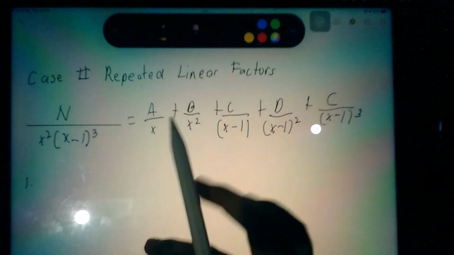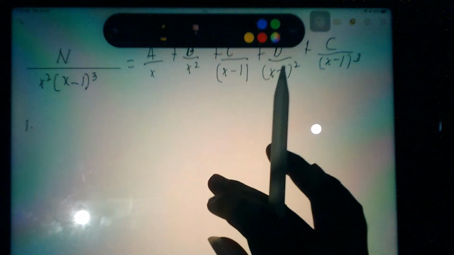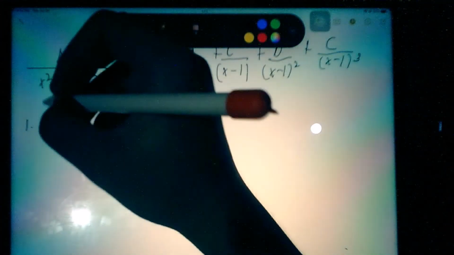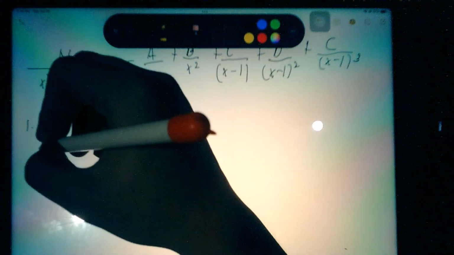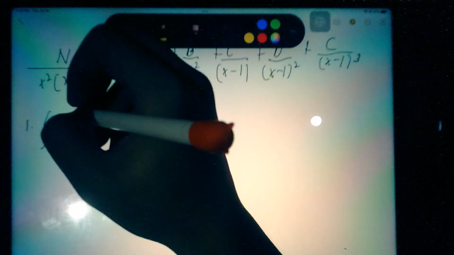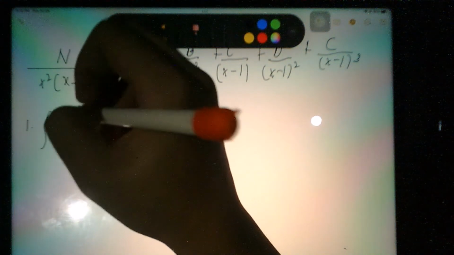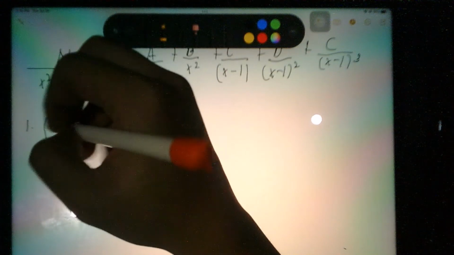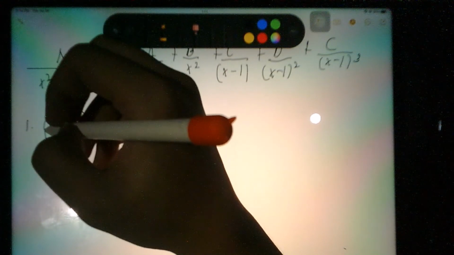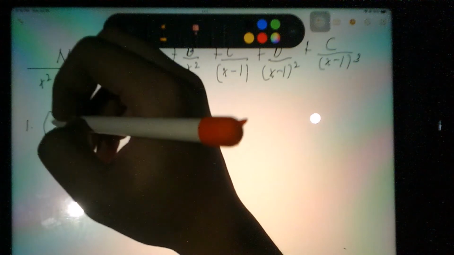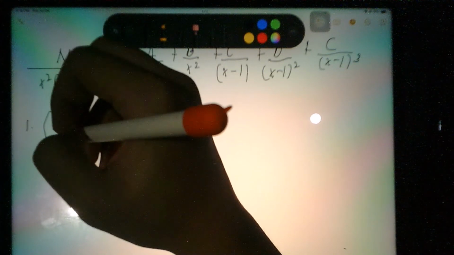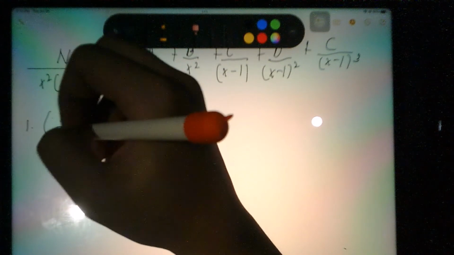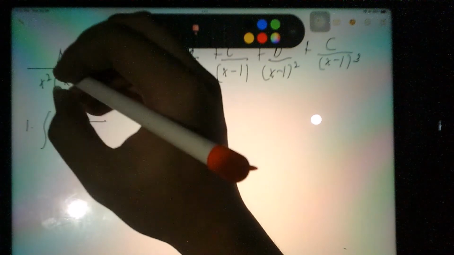Now we move on to the first example, which is, let's say, the integral of x dx over x cubed times x squared plus x minus 1.